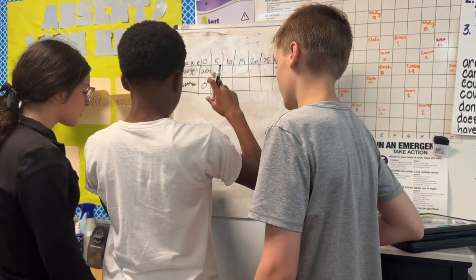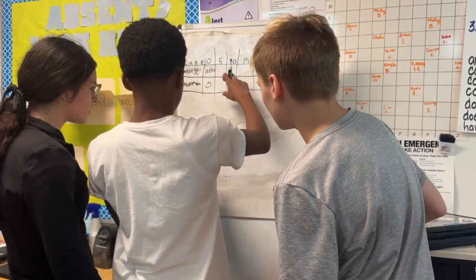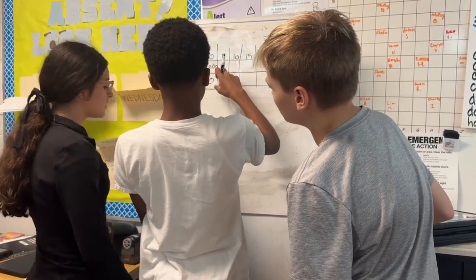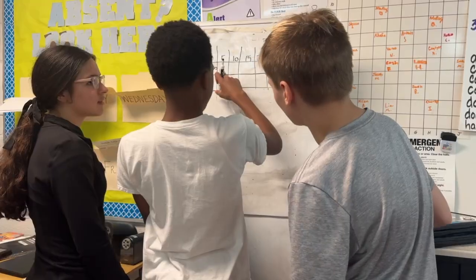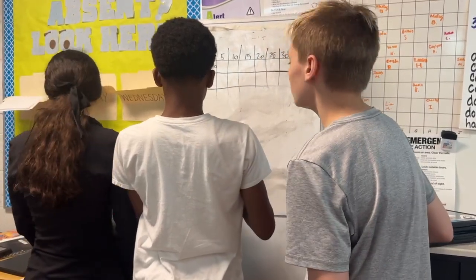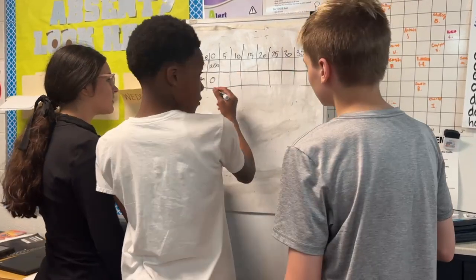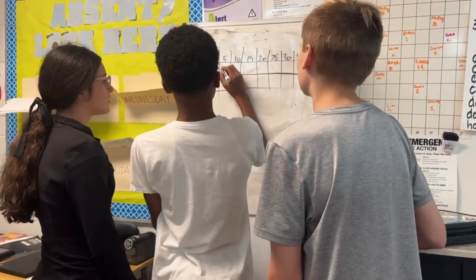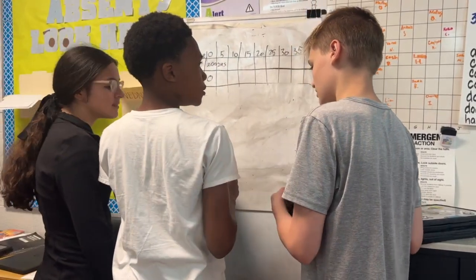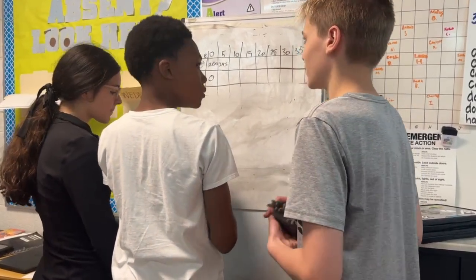Oh wait, no. So this will be 65. This will be 14. It's 255. This is 32. 245. It's 245. Right? Because 5 times 6 is 30, and then half of 30 is 15.